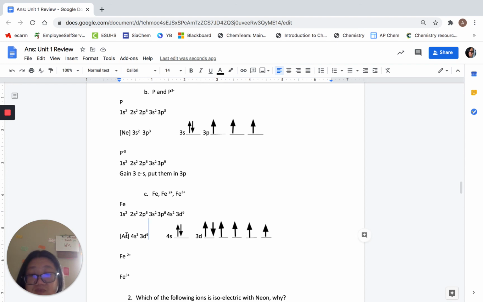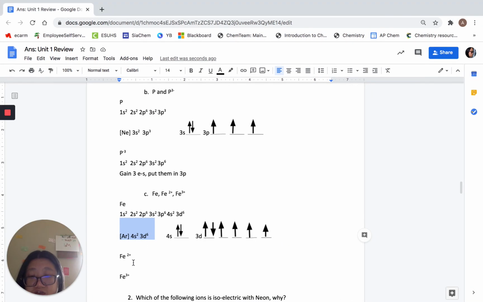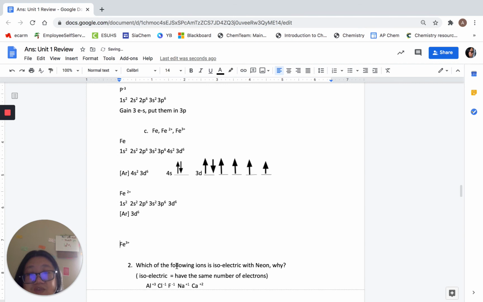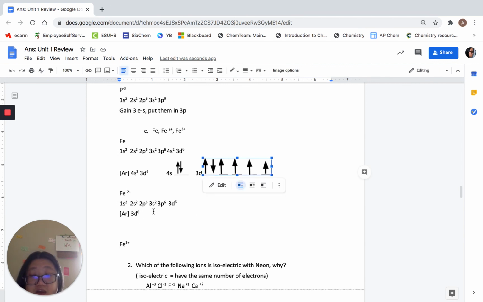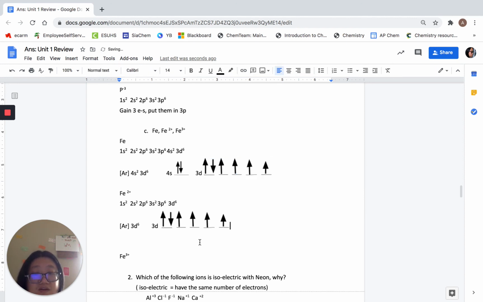When you get there, its configuration is just going to be that without the 4s. So that would be Fe2 plus. In the 3d picture, it's going to look like this.